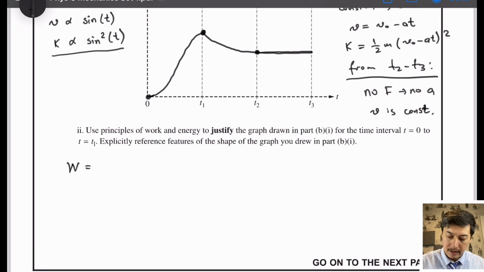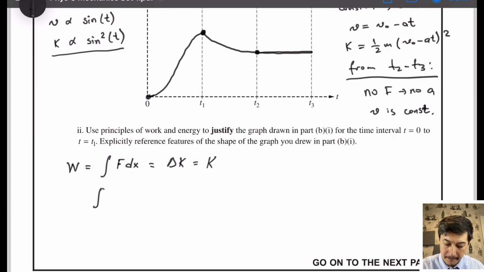Work is expressed as the integration of force times delta x, which is also equal to the change in kinetic energy. Because we have initial kinetic energy 0, we can just write K. So let's open this equation. It's the integration of force, which is mass times delta v over delta t, times delta x.